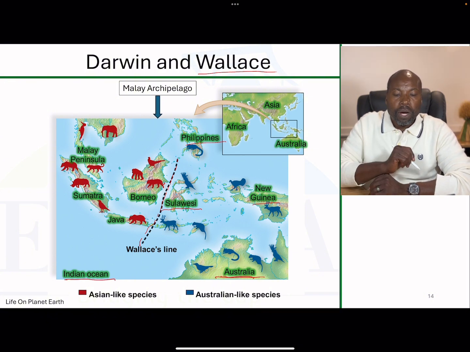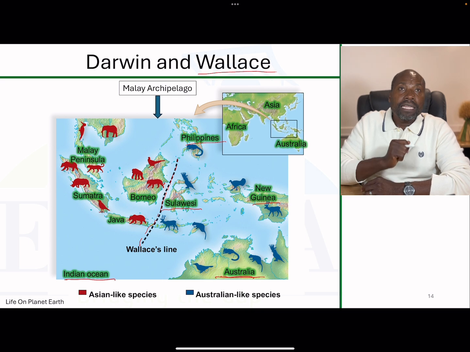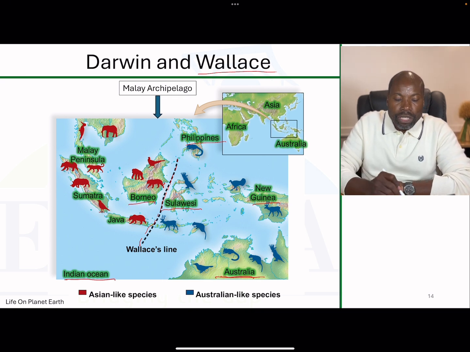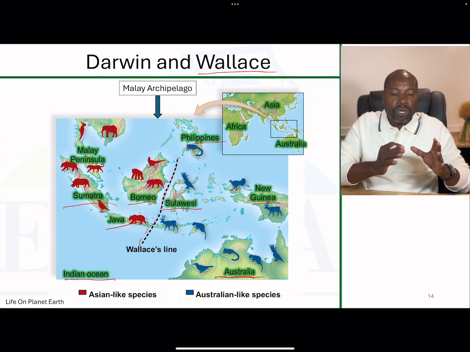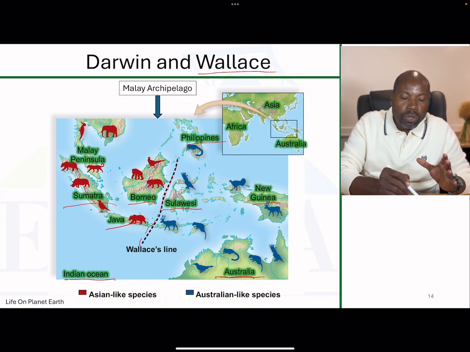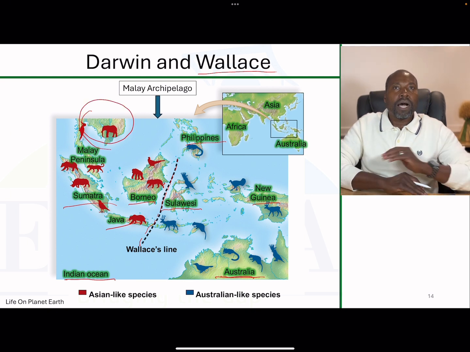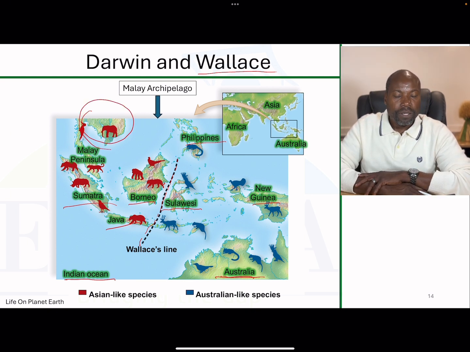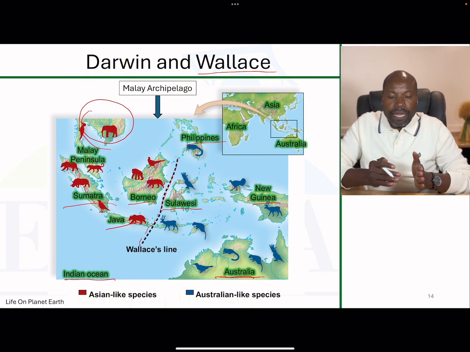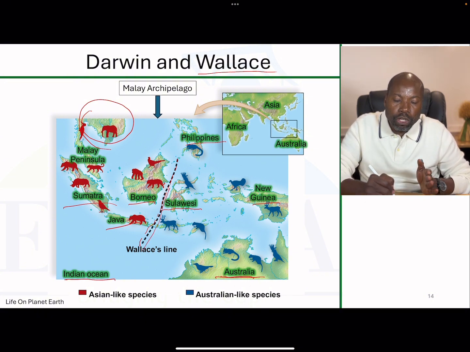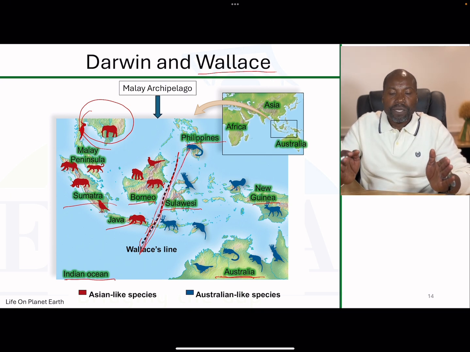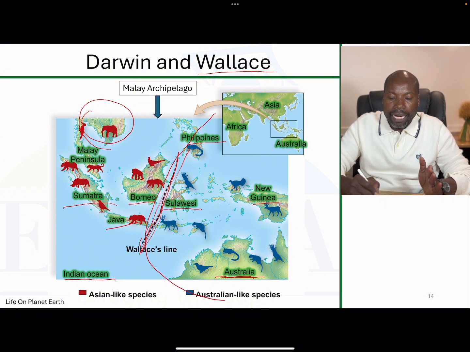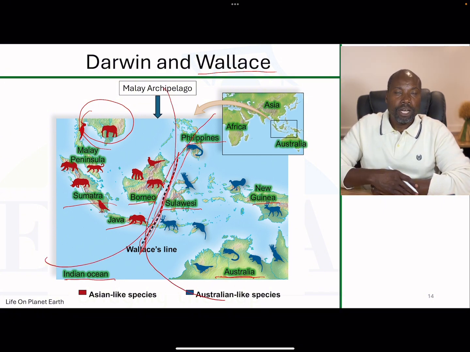However, on the other side of the line, in the islands of Borneo, Java, Sumatra, all these organisms were very similar to the closest mainland here. So you can see that underneath the sea, not shown here, there is a separation between this side and this side of the archipelago, okay?